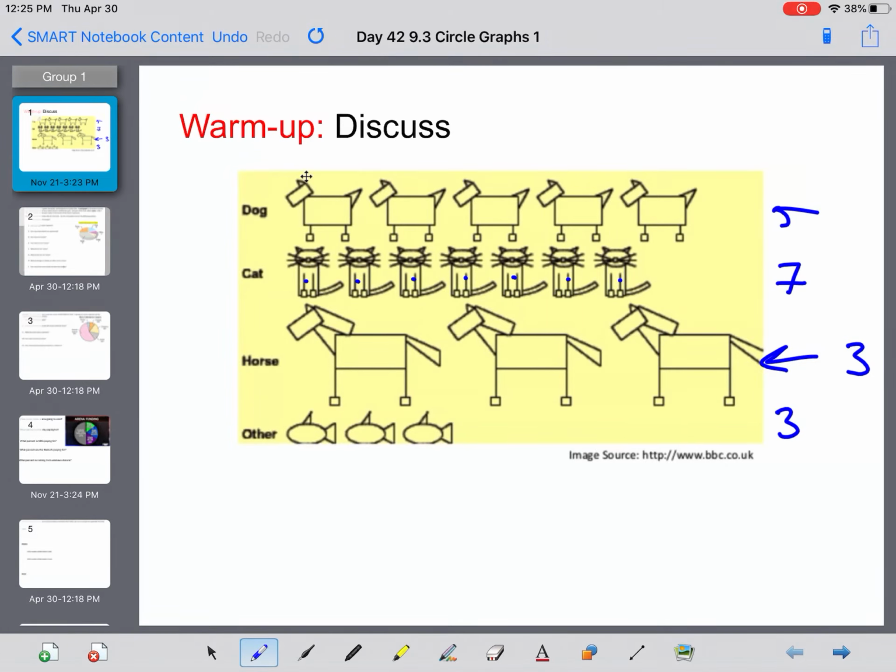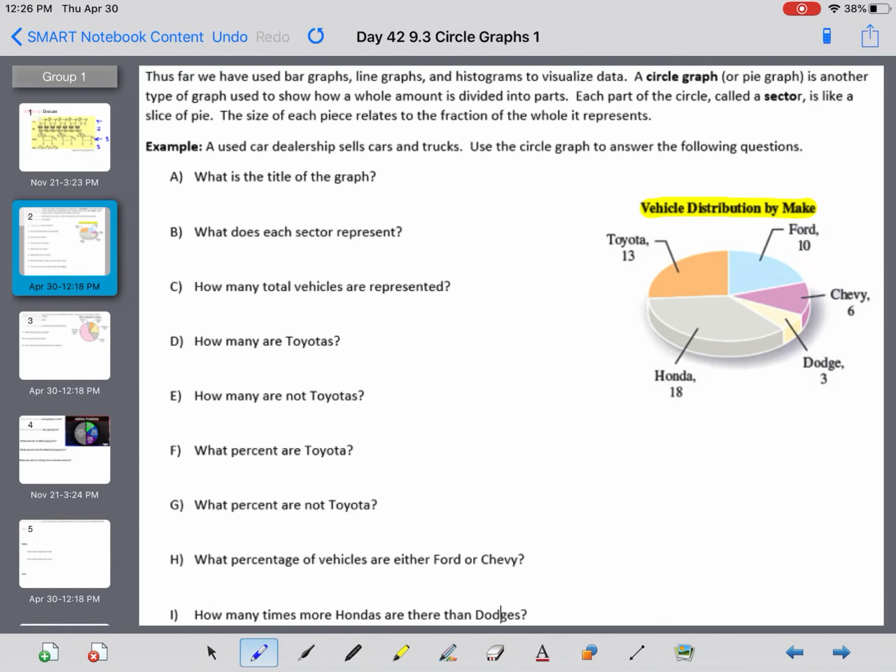So for one, I don't know what this is actually trying to represent. And number 2, it's not a very good scale here. That's another bad reason to use a pictogram or pictograph: you need to have the icons be the same size to get a good representation of what you are working with.